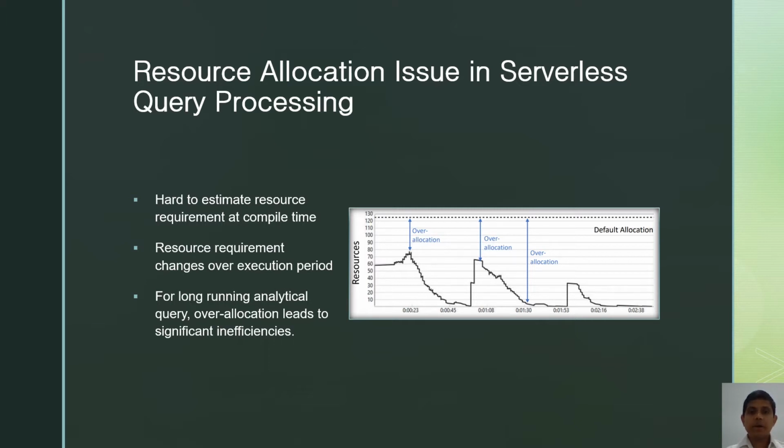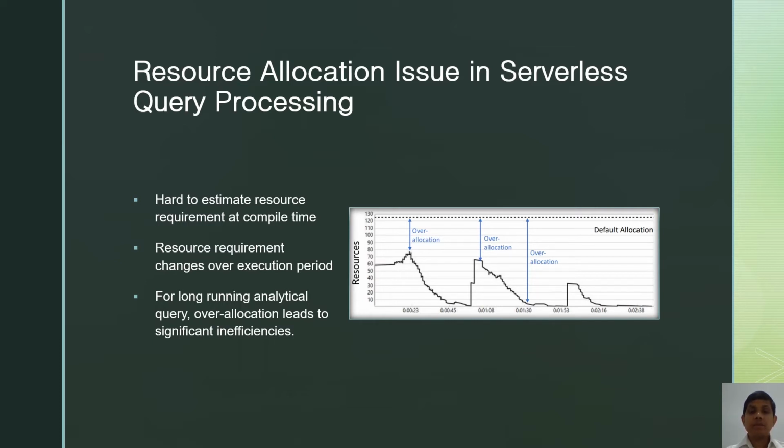For long-running queries, this is even worse because we observe that as the job progresses, it uses less and less resources. Here is one skyline graph of one user query. We can see the user's initial allocation is way off the actual usage.